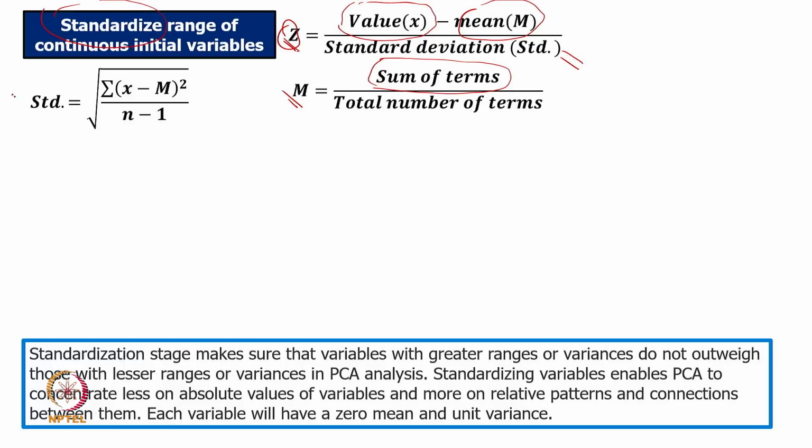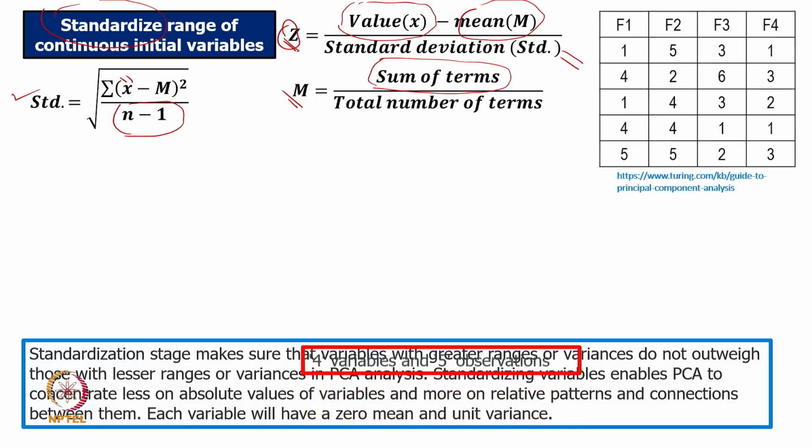How do we find the standard deviation? We take the x value minus the mean, and then square it, so that negative and positive values all get summed up, and then we divide by n minus 1, where n is the total number of terms we are using. However, in MATLAB we do not have to calculate this; we only say normalize and then we get the results.